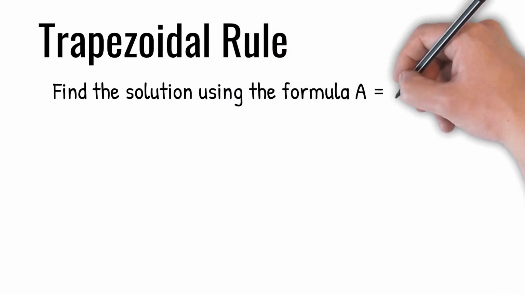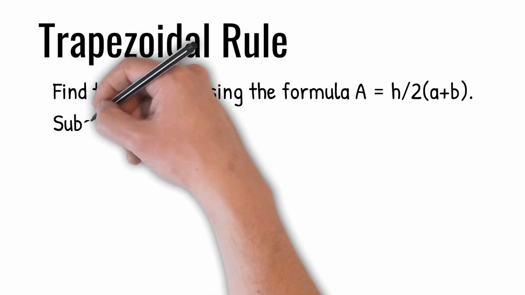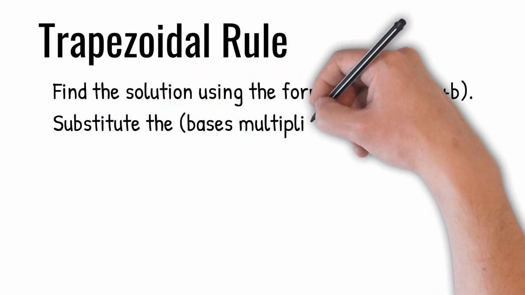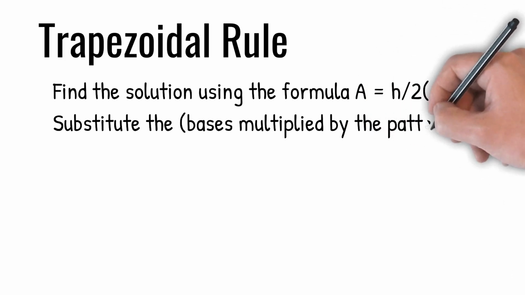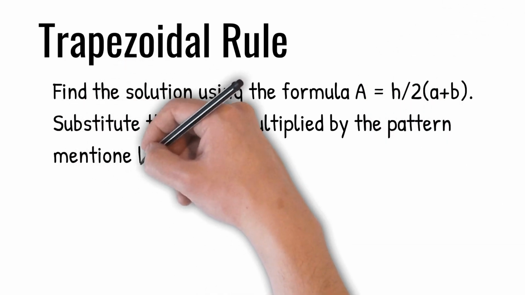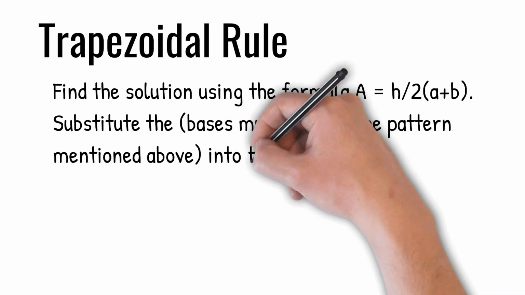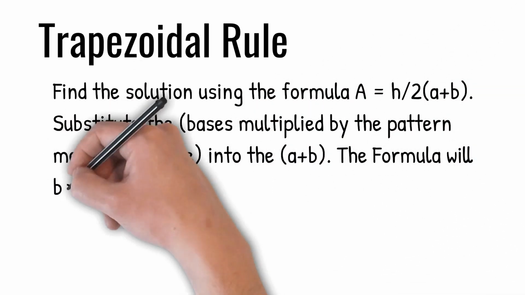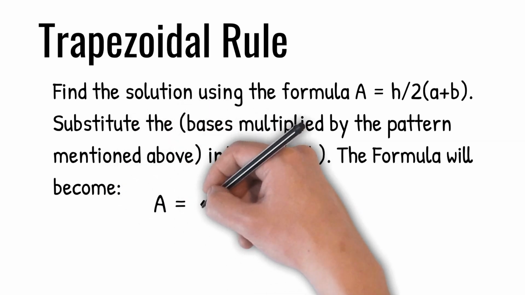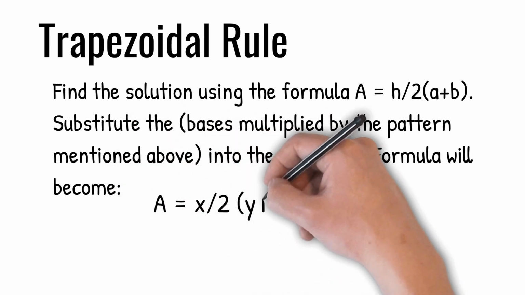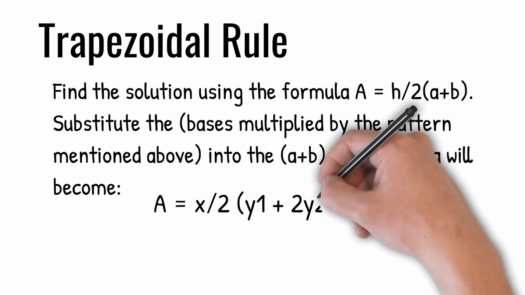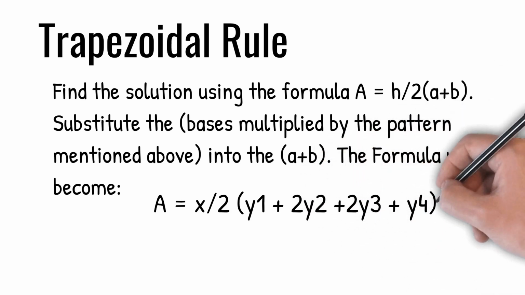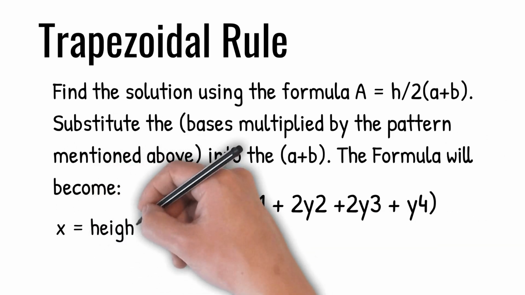Find the solution using the formula A equals h/2 multiplied by a plus b. Substitute the bases multiplied by the pattern mentioned earlier into the a plus b. The formula will become A equals x divided by 2 multiplied by the sum of y1 plus 2y2 plus 2y3 plus y4.